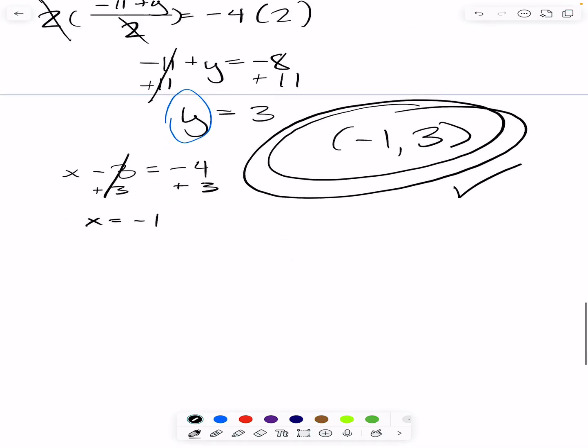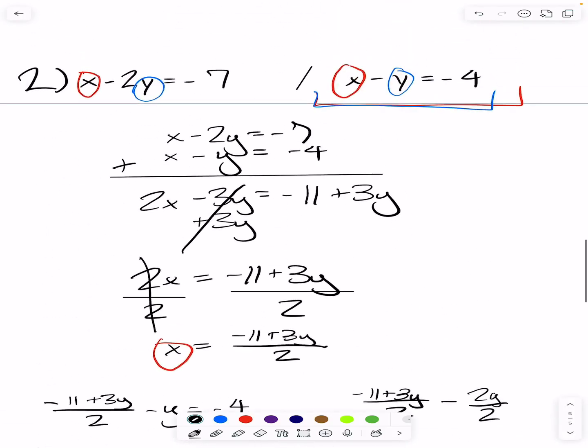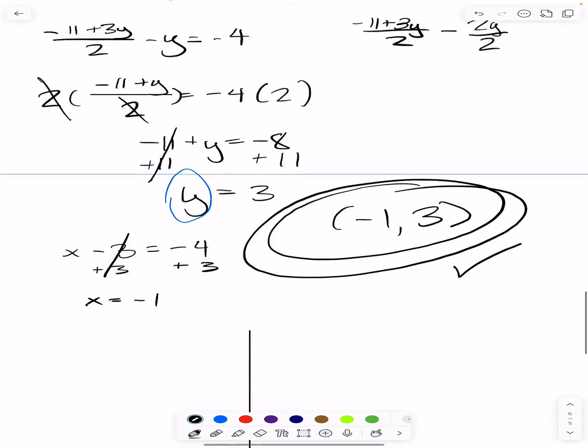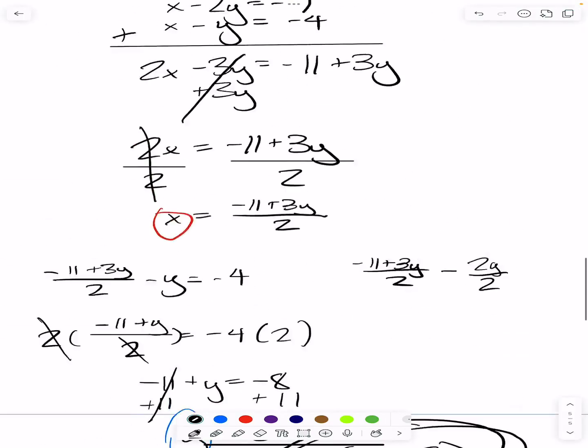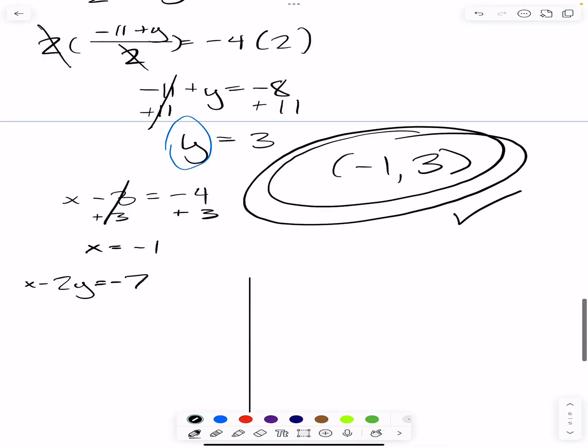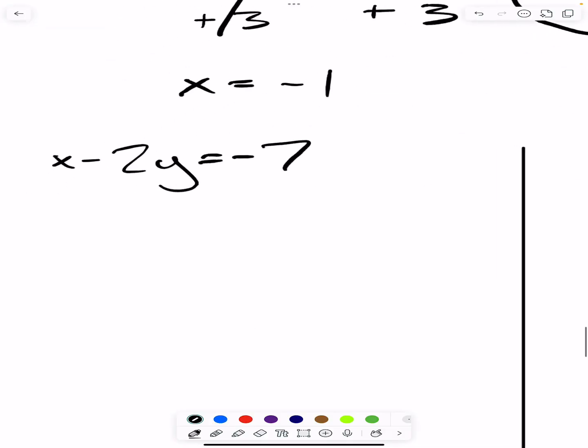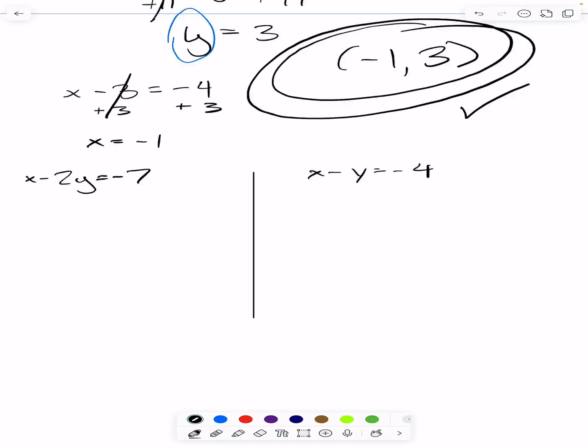Well, let's actually corroborate this. Let's confirm this. We have x minus 2y equals negative 7, and we also had x minus y equals negative 4. Let's plug in our x and y to figure out if we get a solution that equals what is on the other side of the equal sign.